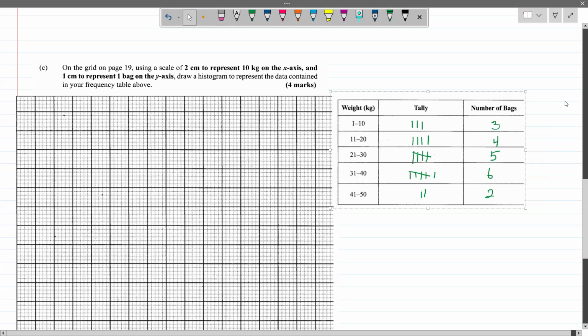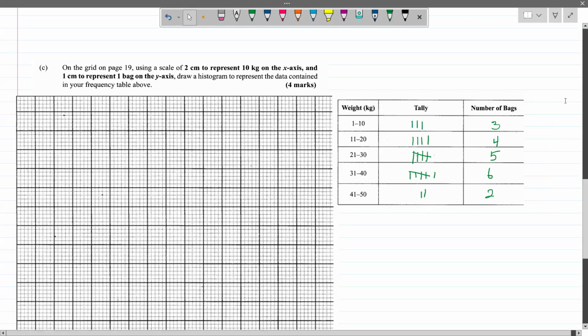Another way is to use the boundaries of each class as our increments on the x-axis and plot the class itself against the frequency. Both methods are correct. We will use the method of using our midpoint.